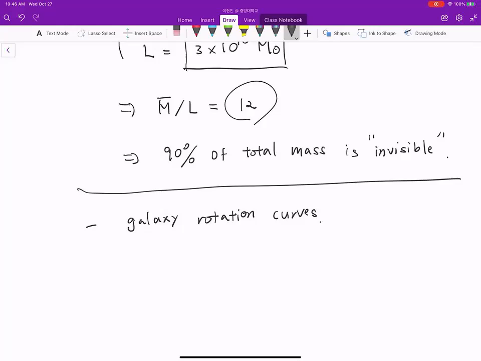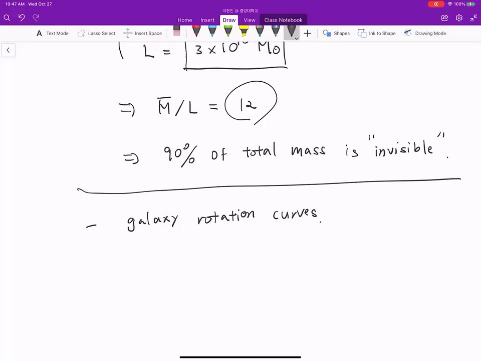In the textbook, normally you see the very old estimation by Fritz Zwicky: mass to luminous ratio is about 500. It's too much. But you know that dark matter is not that abundant. I think now we are converging to a kind of consensus that dark matter is there, but about 90%.